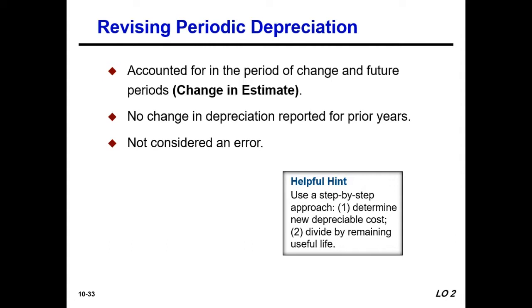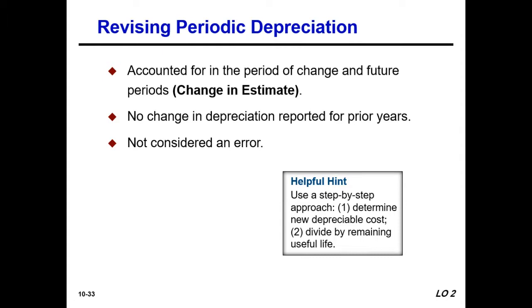Let's say you bought something in 2017, but in 2022, this year, you find out that the estimation of depreciation needs to be changed. Okay, so then what will happen? You will not go to the previous year and make changes.